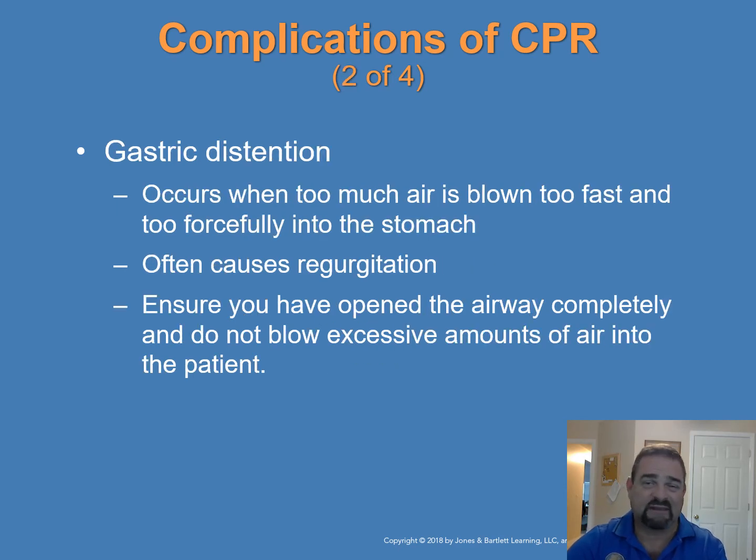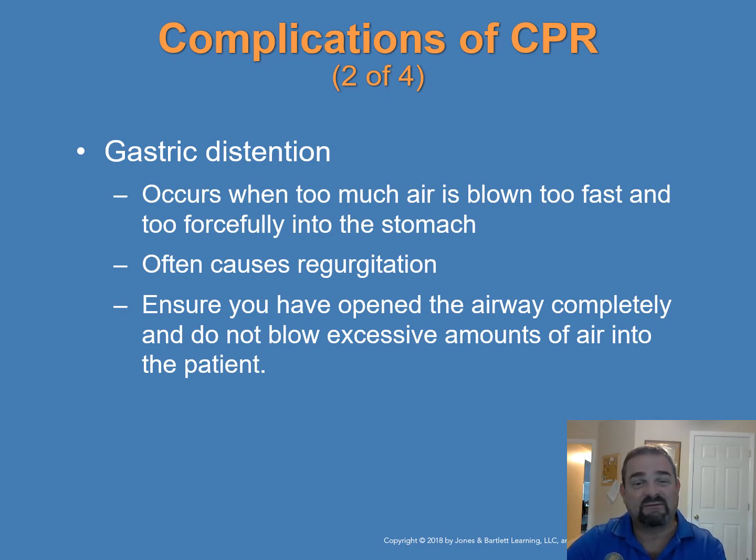Gastric distension. Gastric distension is caused when too much air is blown in too fast and too forcefully into the stomach. This means you're not keeping the airway open adequately. Gastric distension causes the abdomen to increase in size. A distended abdomen pushes up on the diaphragm and prevents the lungs from inflating fully.